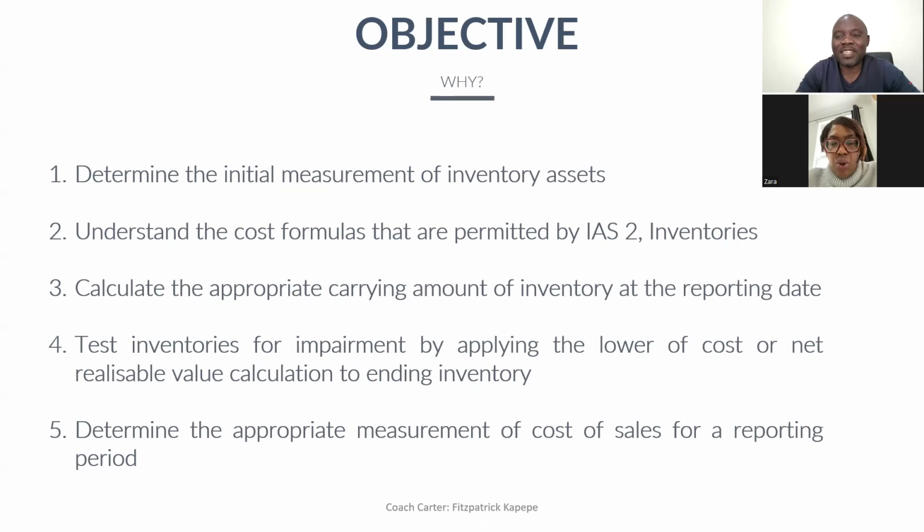Otherwise, if the gross profit margin is much higher, at least you should draw some comfort that the direct costs, those costs that help you to produce these products and eventually sell them, are within the acceptable limit. I was giving that example because under gross profit is where you find your inventory, because your inventory is under cost of sales. So your gross profit margin is a product of that.